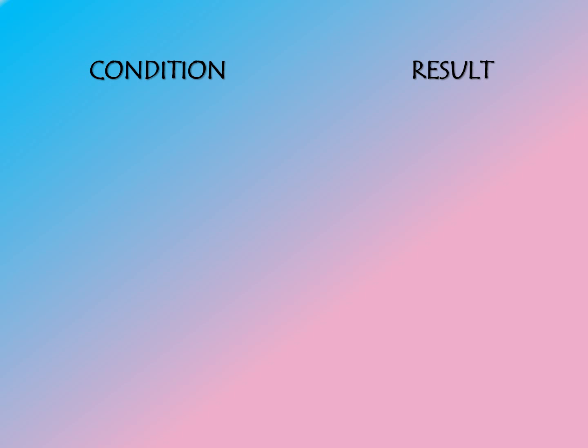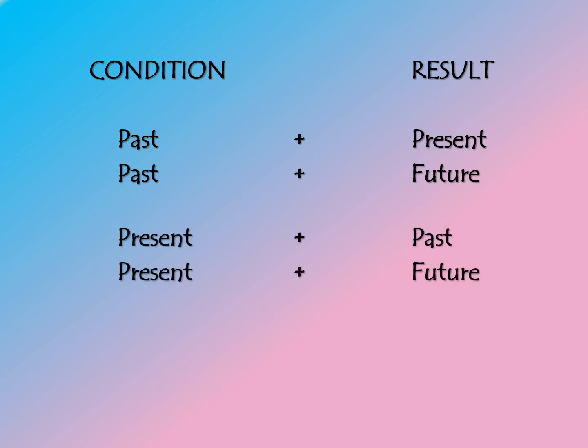Now remember, we are talking about the time references here, not the verb tenses. Here are the combinations. Past with present, past with future, present with past, present with future, future with past, and future with present.